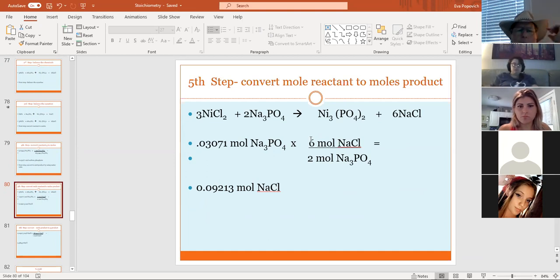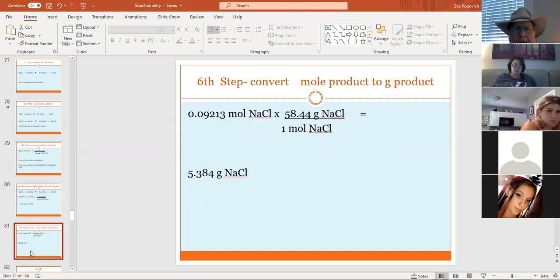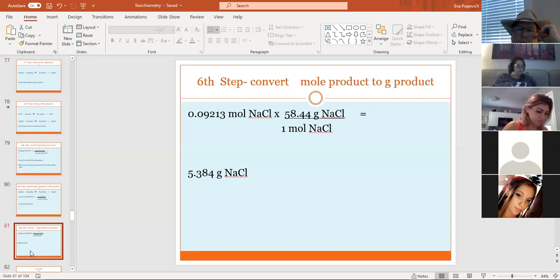I get 0.09213 moles of sodium chloride. What do I do now? Multiply it by the molecular weight. The molecular weight of sodium chloride is 58.44.